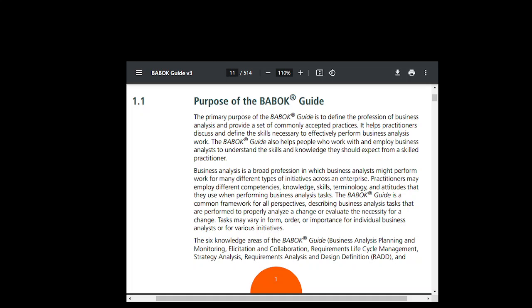Business analysis is a broad profession in which business analysts might perform work from many different types of initiatives across an enterprise. So it tells you that business analysis is broad, and that they can perform their work across different types of enterprise.